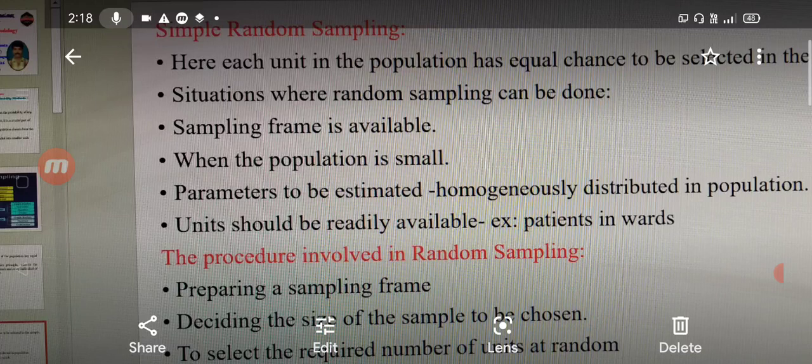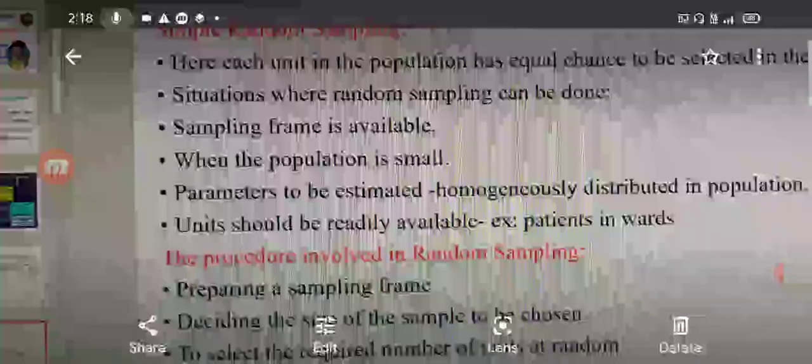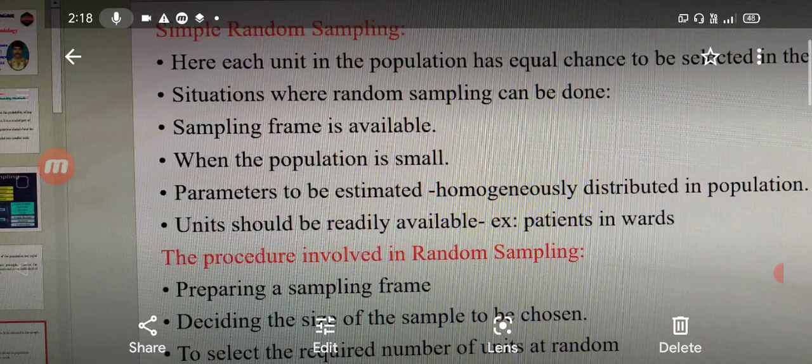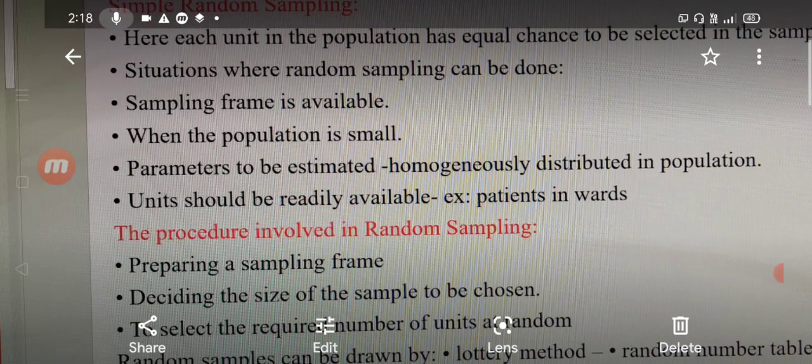Based on that sampling frame, the researcher may select the sample, and when a population is small, it is very easy to identify and become a member of that particular survey or study. And the various parameters to be estimated are homogeneously distributed in the population. So, the units should be readily available.